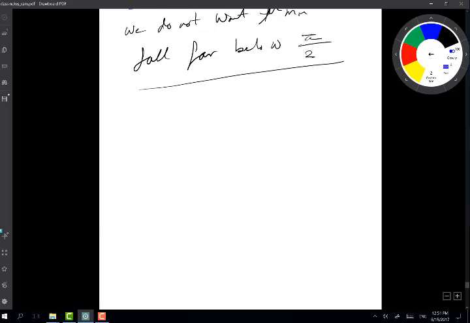I have my linkage here. I know this point is going to move on a circular arc, and this will also move on a circular arc.